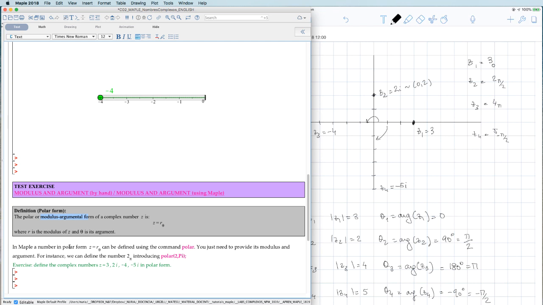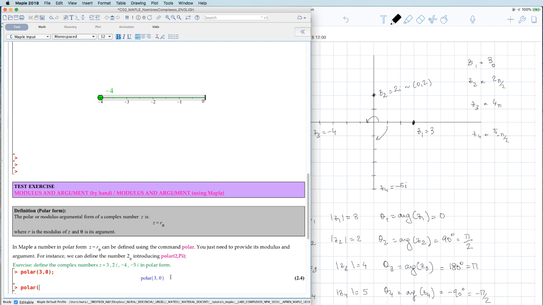Okay? In Maple, in order to introduce the polar form of a number, we need to use a command which is called polar, and we just have to introduce two arguments: the first one is the modulus and the second one is the angle. So in our case, the first number would be 3, 0.